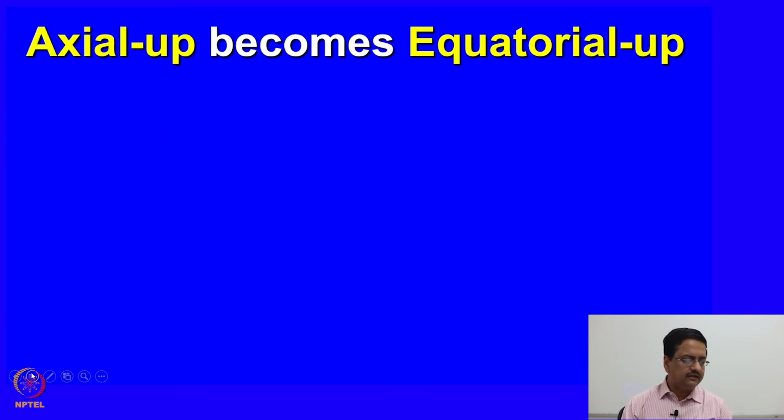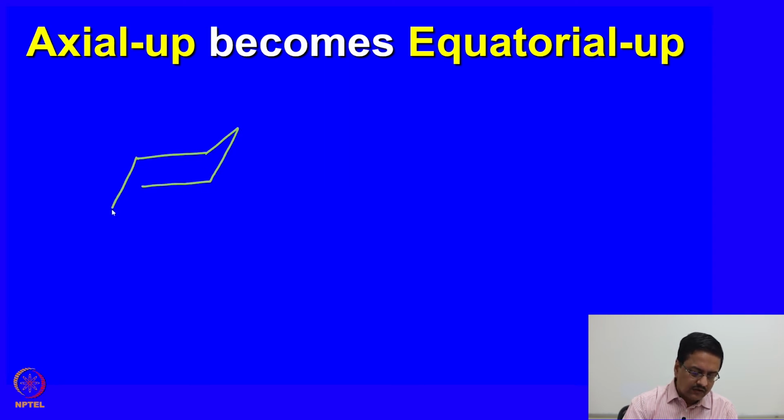So if we try to do this using a substituted cyclohexane, suppose we have bromocyclohexane.